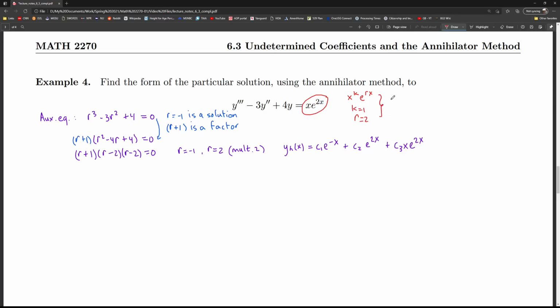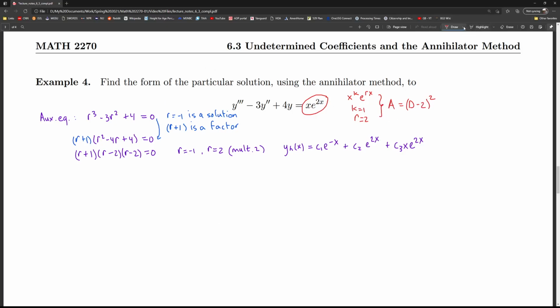So when you use that, you find that the annihilator is d minus 2 squared. And by the way, you can go to D2L, and there's a list of annihilators in one of the previous videos on page 1. That is something that I will make available to you on the final exam, and you may use that on exam 3 as well. So that's the annihilator.